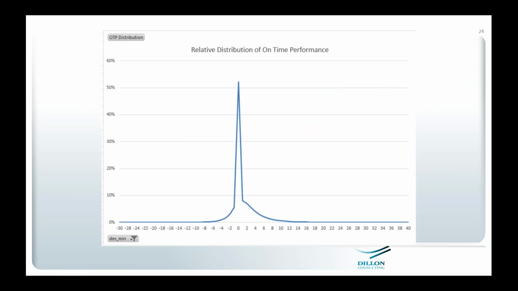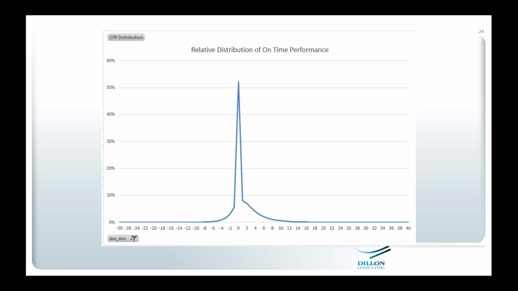As a check on the data, we graphed the on-time performance across all of the data that we had in the stop records. Along the x-axis is the deviation from schedule. 0 means it was exactly on schedule. A minus sign means the bus was early, and positive numbers mean it was late.